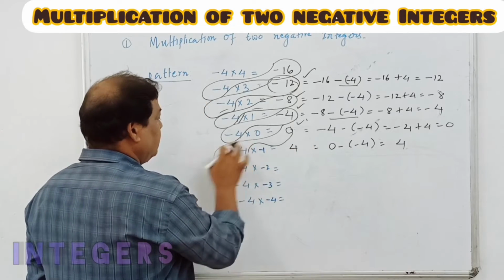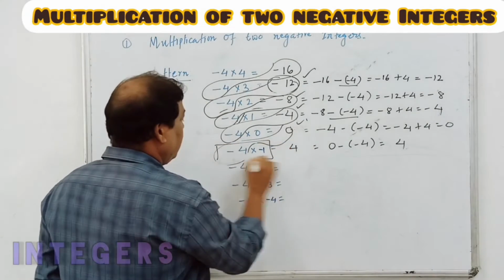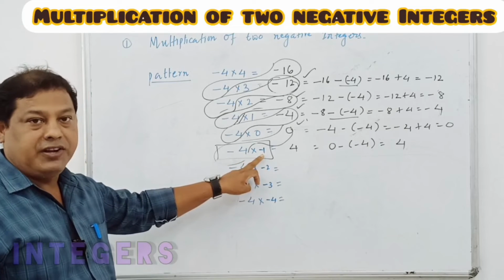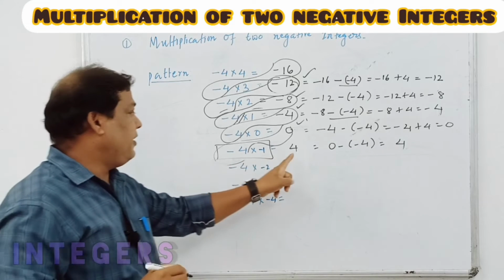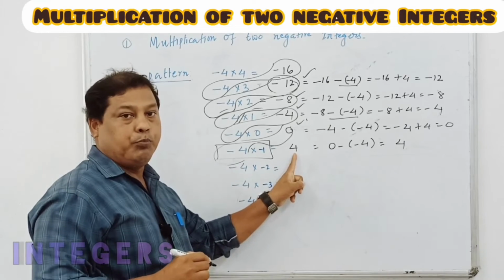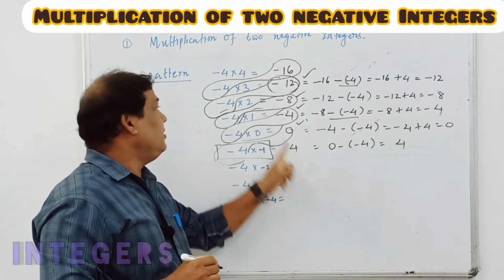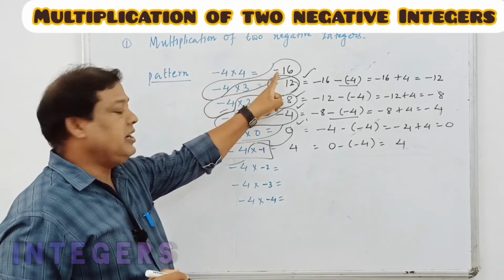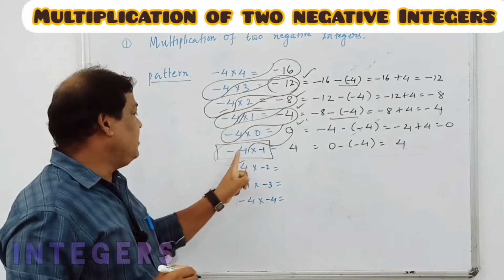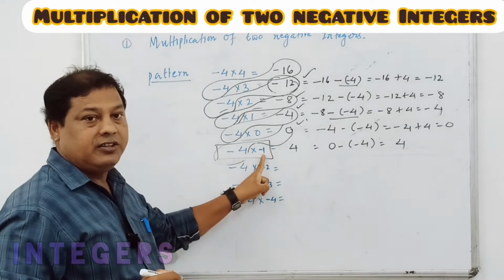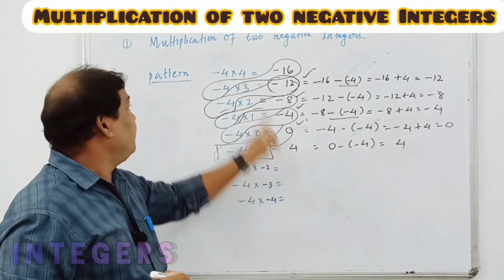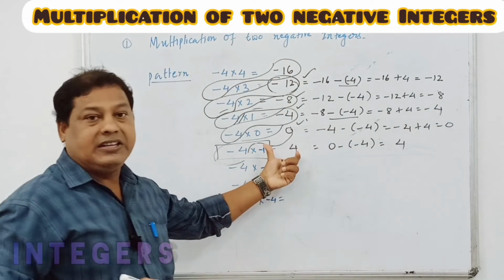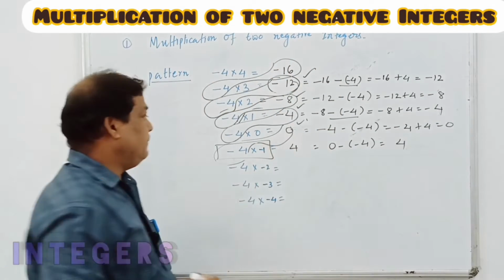You can see here, minus 4 is a negative integer and minus 1 is a negative integer, but the result is a positive integer. See, here a negative integer times a positive integer gives a negative integer result, and here a negative integer times a negative integer gives a positive integer result. That is, the multiplication of two negative integers gives a positive integer.